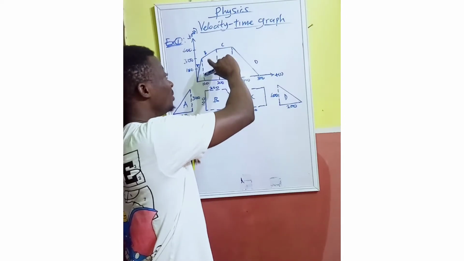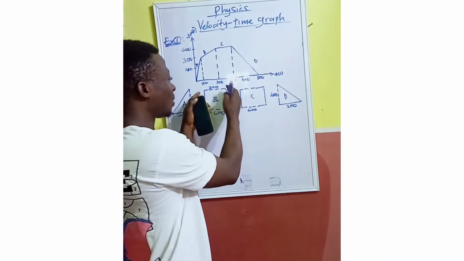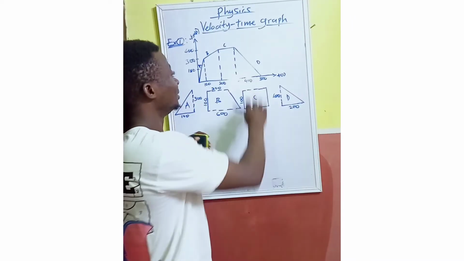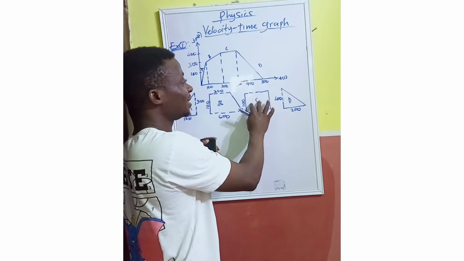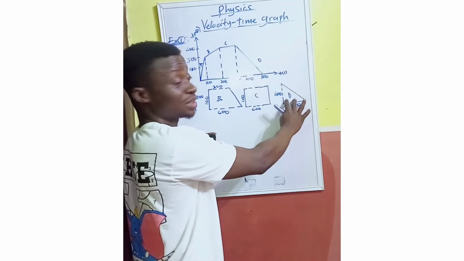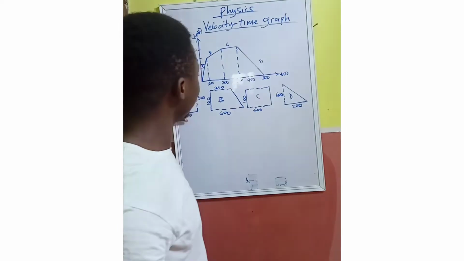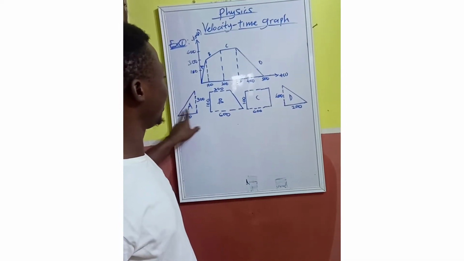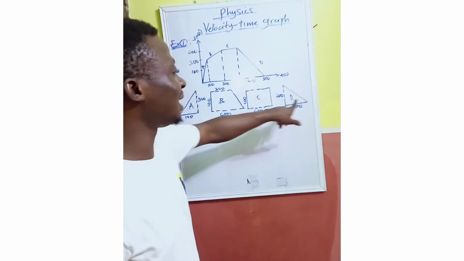Now you have this again, which is C, a rectangle, and we have a triangle, which is D. I've named each of the images A, B, C, and the last one D.